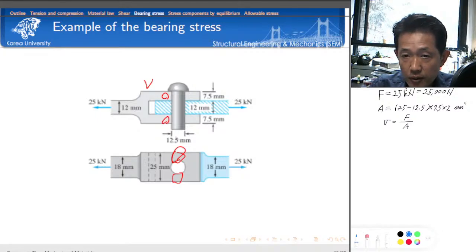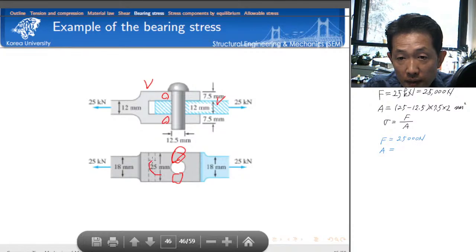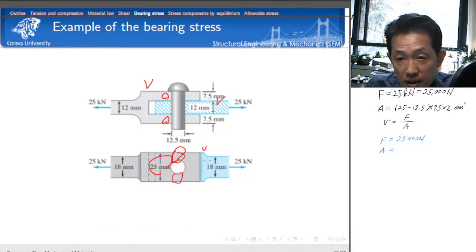We can do the same thing for the blue part. Okay, so let's consider this blue part. So blue part, the force is still the same, right? The 25,000 Newton. And then the area is what? The width is still the same here, 25 millimeters, because look at this here.